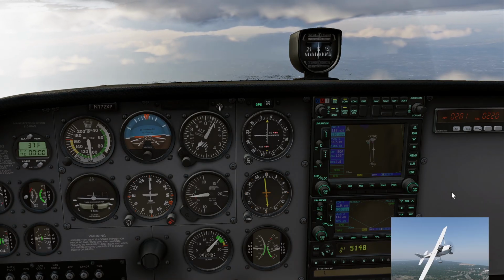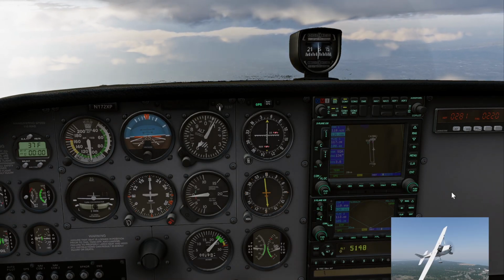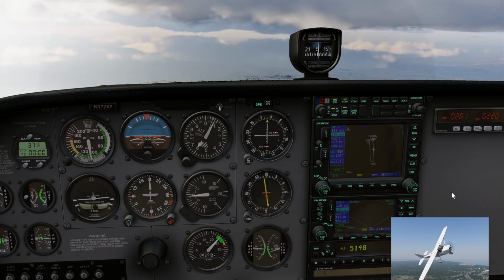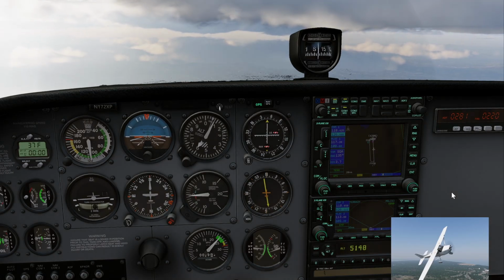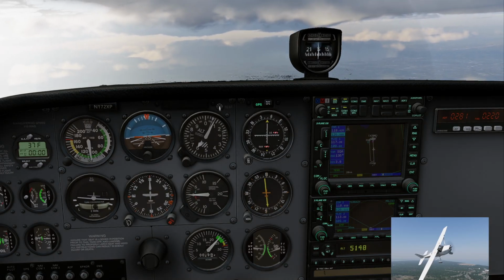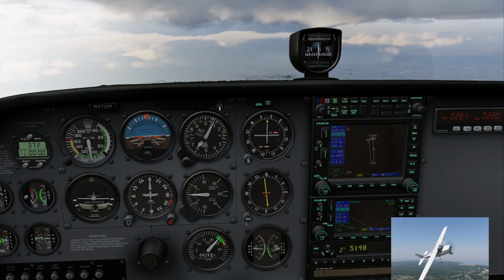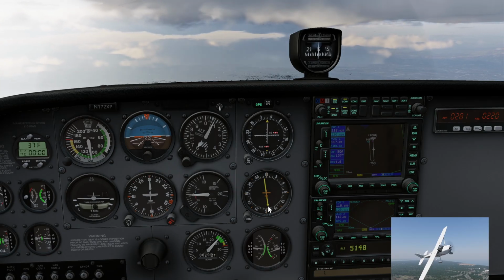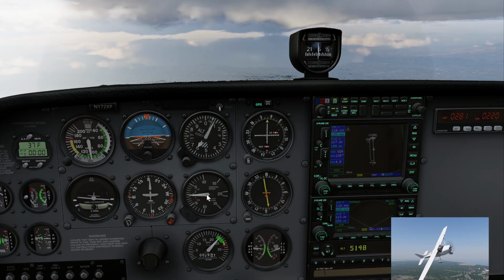First thing is, since we're going to call it 180, normally it'd be 177. We could do that if we wanted to, but let's just use the easy numbers here. We're tracking outbound. How do we know that? Because the pointer is behind the airplane. The head is behind the airplane. So the ball is centered. Heading is 180.